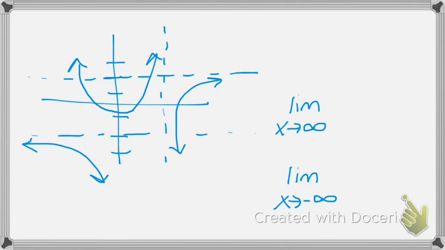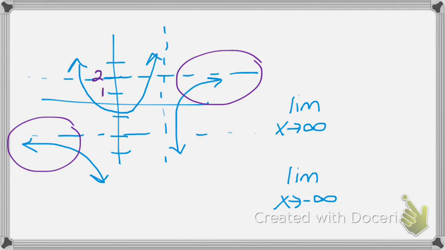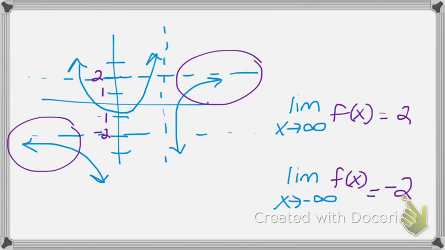Well, on this graph, remember infinity and negative infinity, I'm thinking about the right side and the left side. I don't really care about that middle part. I just really want to know where the graph is getting close to, or what the y value is getting close to on those parts. Well, this is 1 and 2, so as I approach infinity, this one is going towards 2. This is negative 1 and then negative 2, so as I approach negative infinity, this one's going towards negative 2.